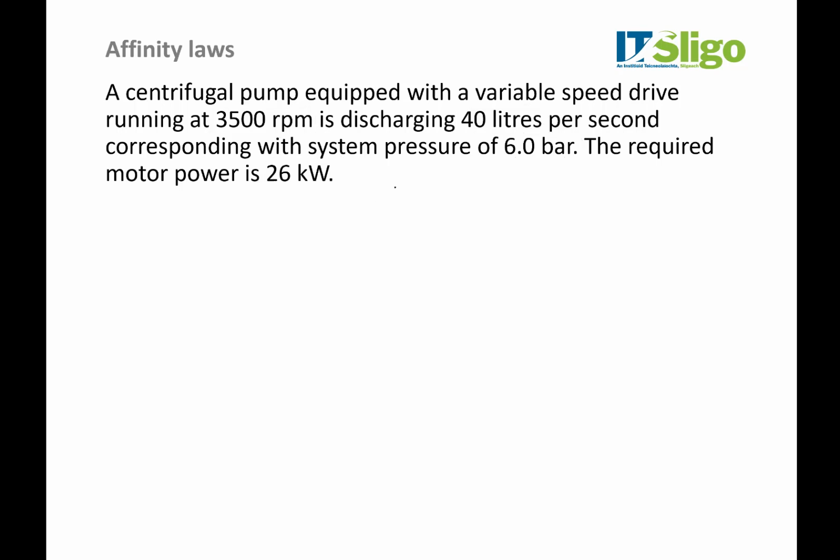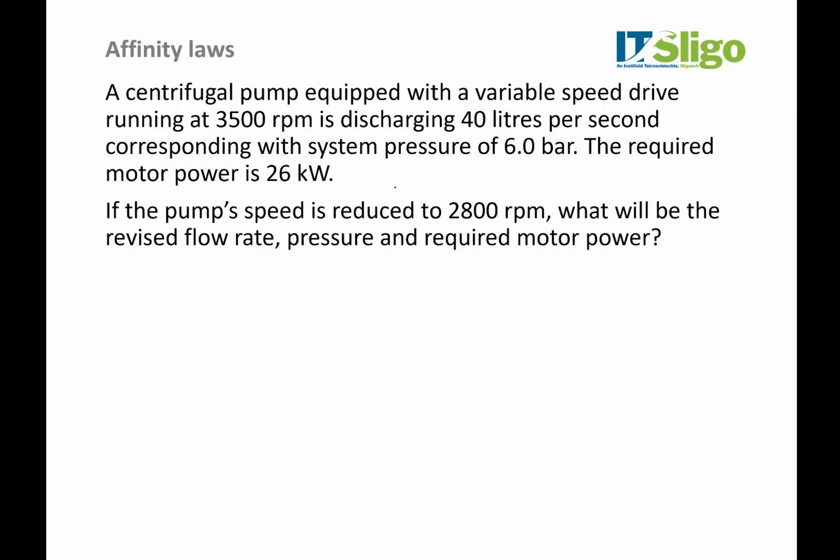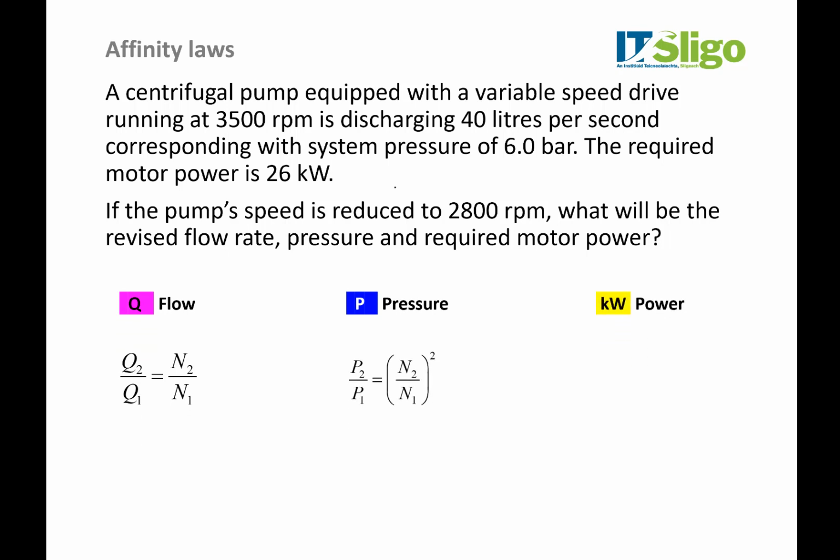So now, when the pump speed is reduced to 2,800 RPM, what's the revised flow rate, pressure, and required motor power? So we have to do 3 little sums. We need to use this function, and our power function. You'll be given these in any kind of an exam scenario if you need them.